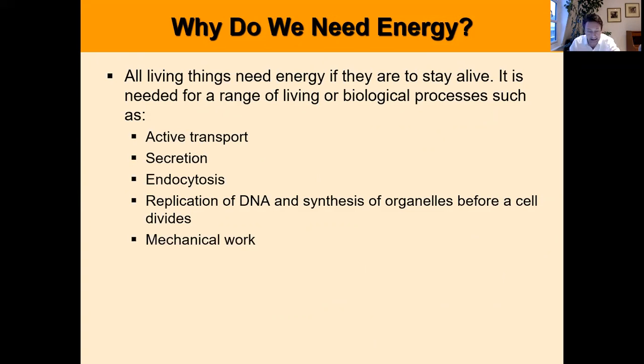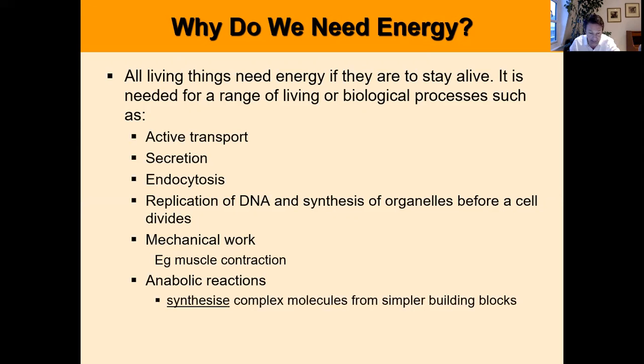To carry out work, try to avoid words about movement. So saying ATP is required for movement, you need to avoid that. But it is used for the contraction of muscles, because remember, it causes the change in orientation of the myosin head, which will help a sarcomere to contract. Anabolic reactions, so that's the making of big things from small things, like making proteins from amino acids, and maintaining body temperature.